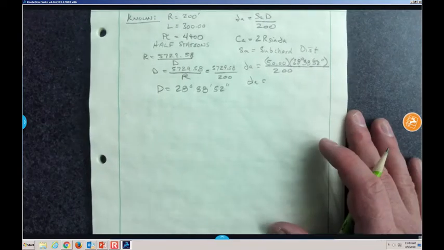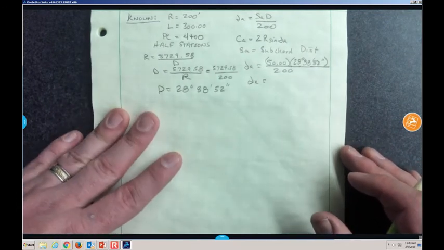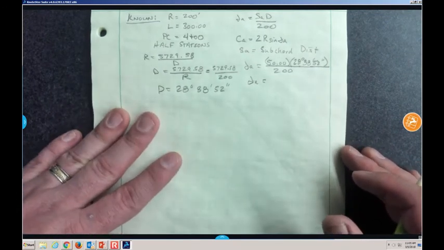Remember this is the deflection increment that we're figuring out right now. Should it be a distance or an angle?